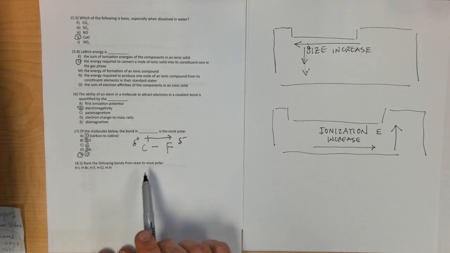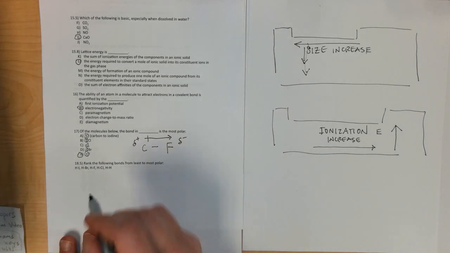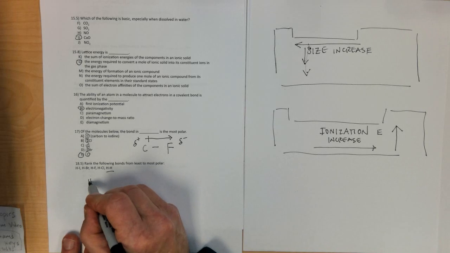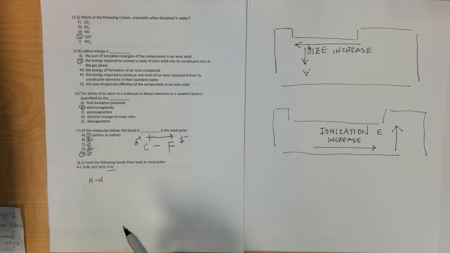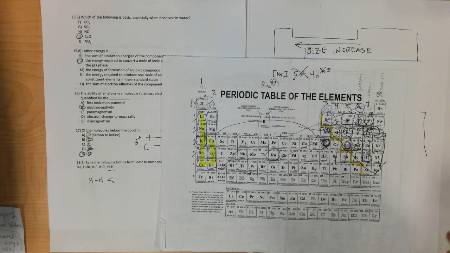Rank these from the least to the most polar. So the least polar would of course be the HH bond, because those would be exactly the same in electronegativity, because hydrogen of course is the same as hydrogen. The next least polar would be hydrogen with an atom that is not super electronegative.